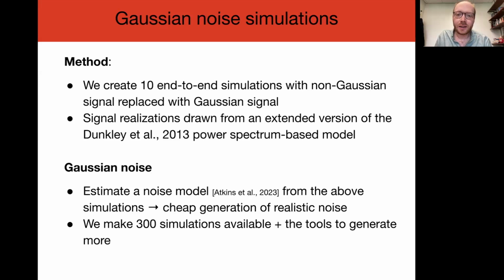These are simpler to model and allow us to draw a few more simulations in order to build up the statistics that we need to estimate a noise model from which we can then draw additional simulations. It's sort of a generative model. And from this, we generate 300 simulations, but we also release the tools to generate additional simulations if your analysis requires that. And these simulations are very quick to generate.